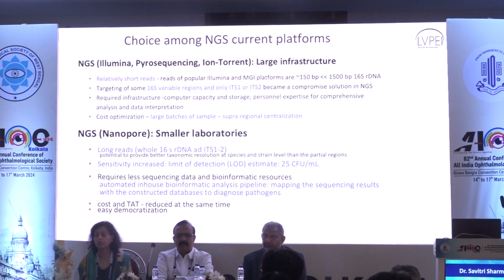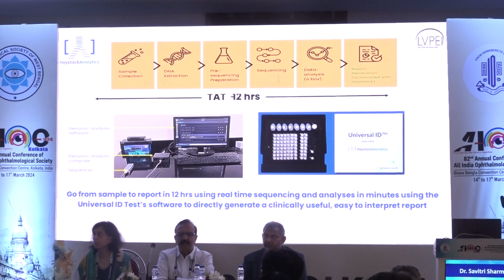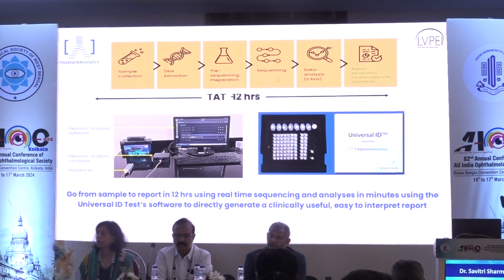And not only that, I visited a place in Mumbai IIT where a company called Haystack Analytics, they are very close or almost have done it for tuberculosis. They do NGS. It can be done in a small laboratory. This is a setup picture I have shown here. It's just a small setup with a monitor, and you can put the sample, treat the sample a little bit, put it inside, and you can get a report like this.